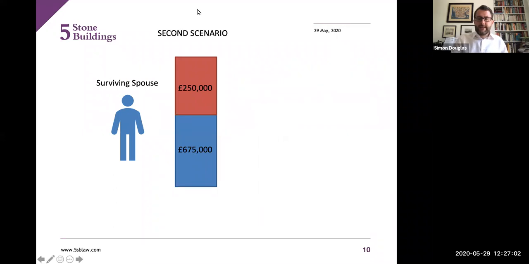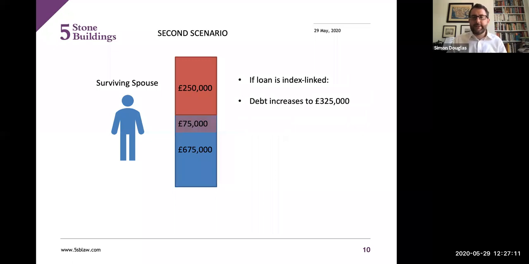But let's say that, again, this liability is index linked. So what's happened is that over time, the liability has increased by £75,000.